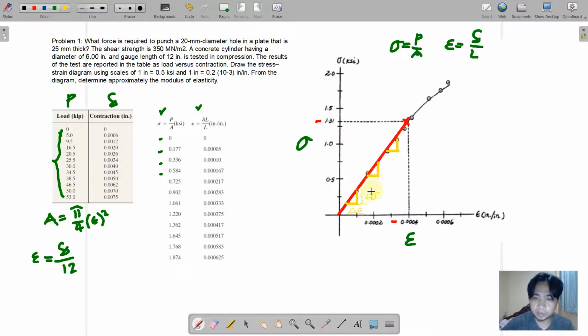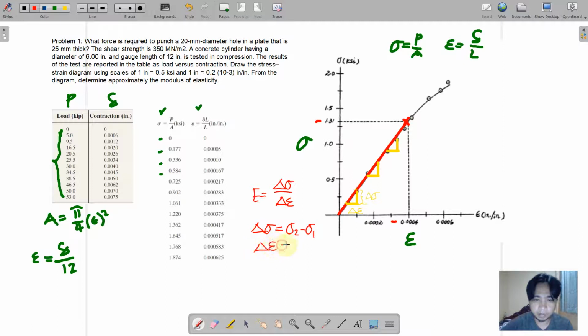So we can also do this in series of points. Just choose 2 points and then just deduct the difference between them, so that the solution would be that the modulus of elasticity is equal to the delta sigma all over delta epsilon. Now, delta sigma all over delta epsilon could be the difference between the two stresses.